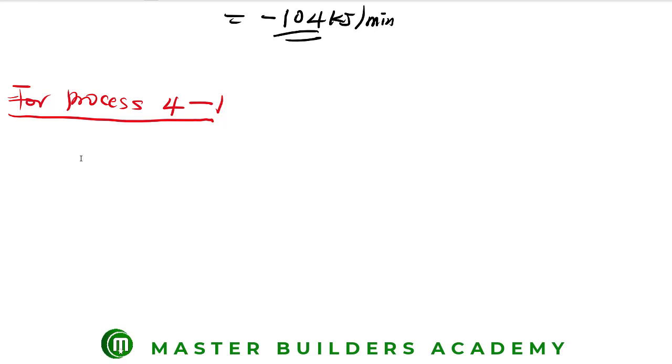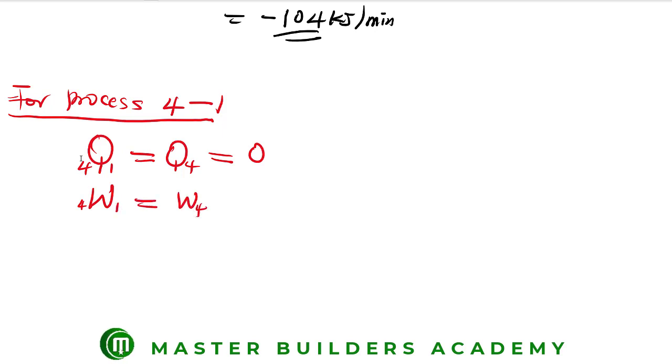Q from 4 to 1 is given as Q4, and that value is equivalent to 0. Then W4 to 1, we can call it W4, and the value is given as 74 kilojoule per minute.